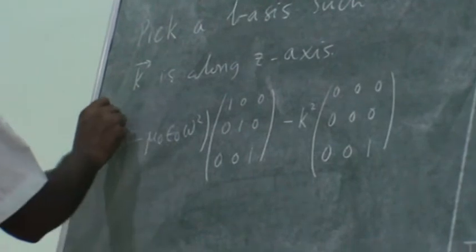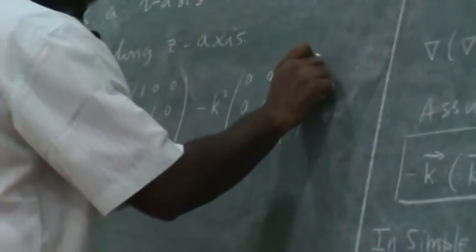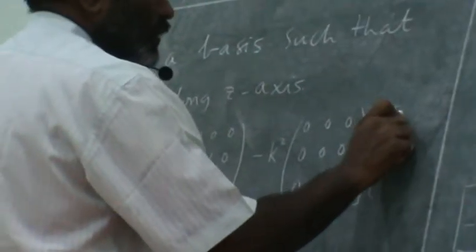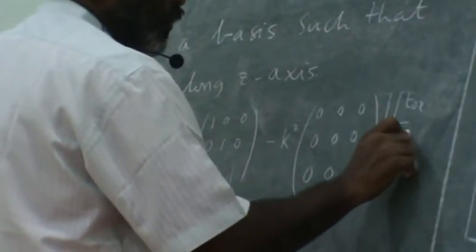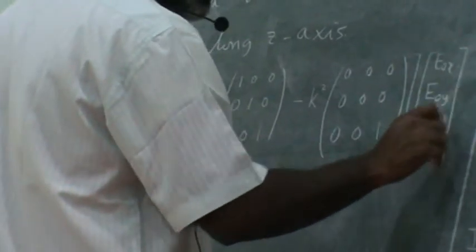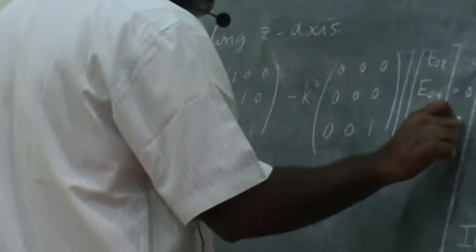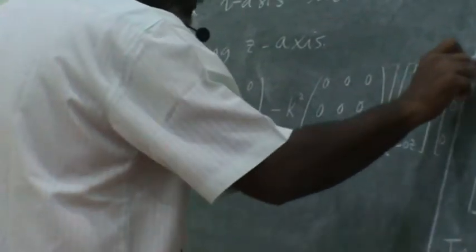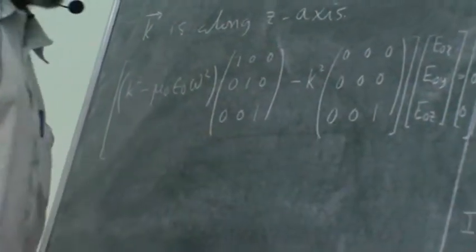This entire 3 by 3 matrix, operating upon E0x, E0y, E0z, is equal to 0, 0, 0. This equation implies this. Is this clear?